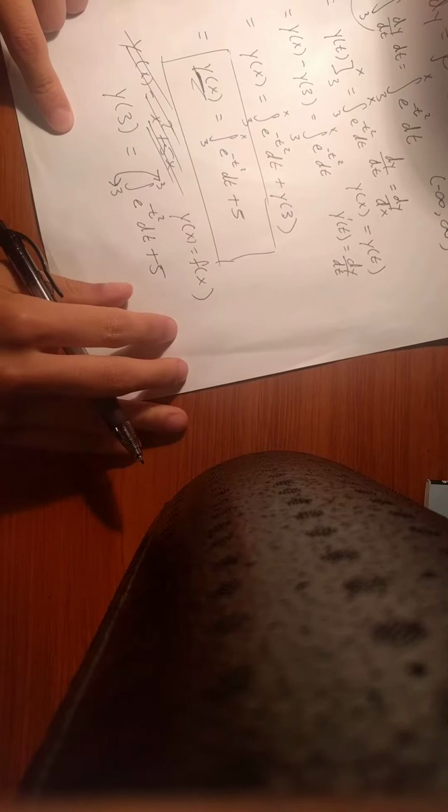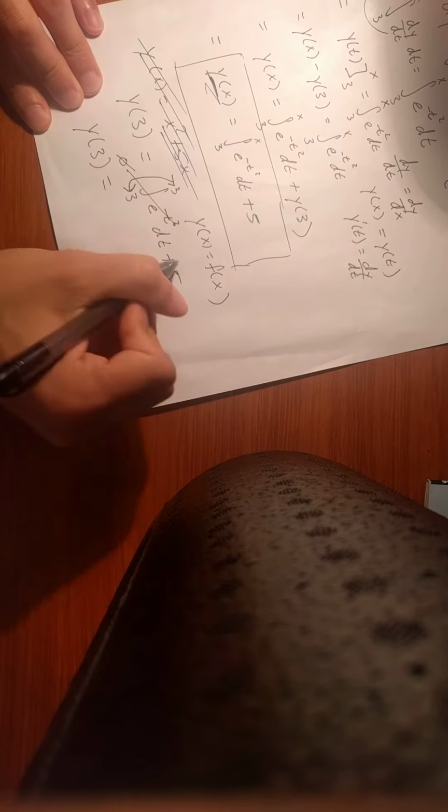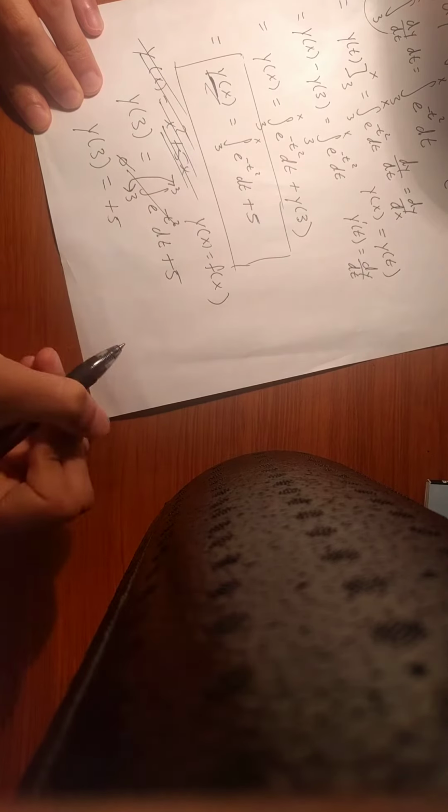Well, there's a property you may have learned in Cal 1 or Cal 2. If you have the same bounds, if these two numbers right here are the same, this integral evaluates to 0. So whenever you plug in 3, this goes to 0, and then you just have plus 5, which just equals 5.